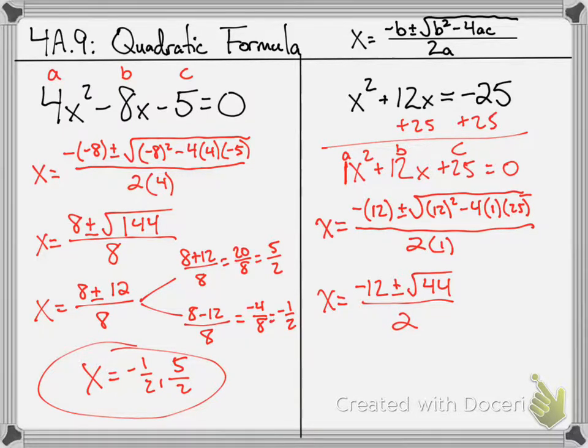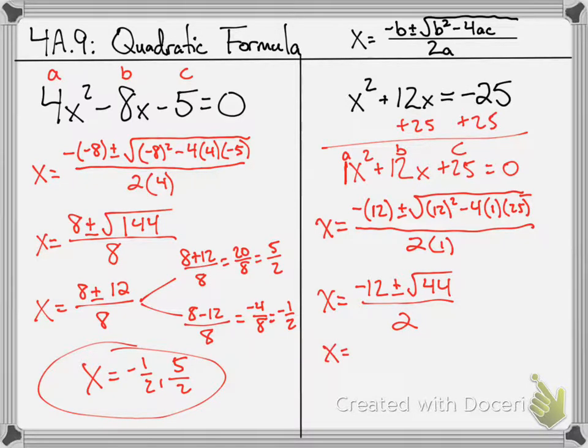Now, there's not a lot more I can do with this, but again, we always want to look at the square root, as we've talked about for about half this chapter, and figure out, can it simplify down any further? So, if I look at square root of 44, you can either write this off to the side or write this as 2 separate ways here.